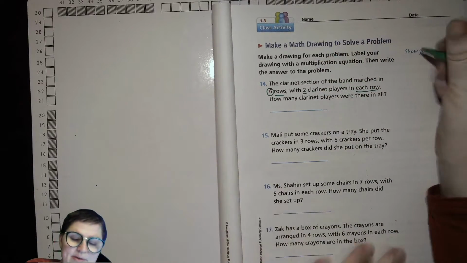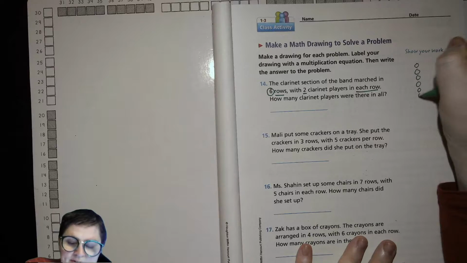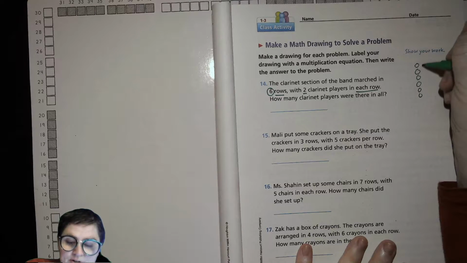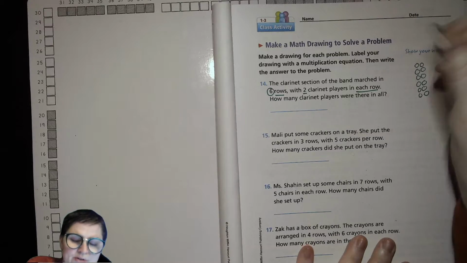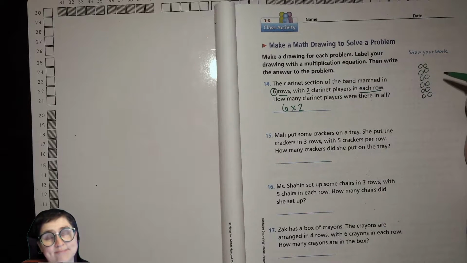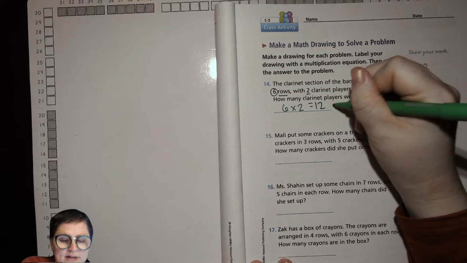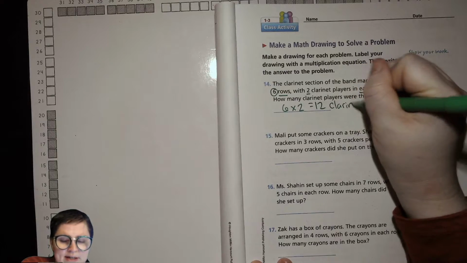How many clarinet players were there in all? So we'll make a drawing. So 1, 2, 3, 4, 5. There's 6 rows, and in each row there are 2. So this is a 6 times 2, and we can count or just think, what's 6 plus 6, right? And what is 6 plus 6? It's 12. Clarinet.